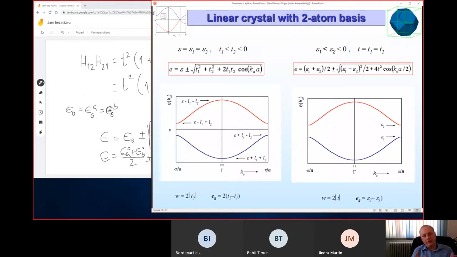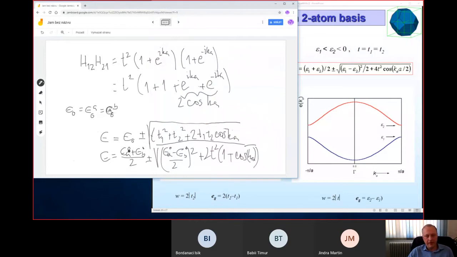But we would have an overlap between the electropositive and electronegative atoms between the nearest neighbors. That means the transfer integral would be only one type, T.